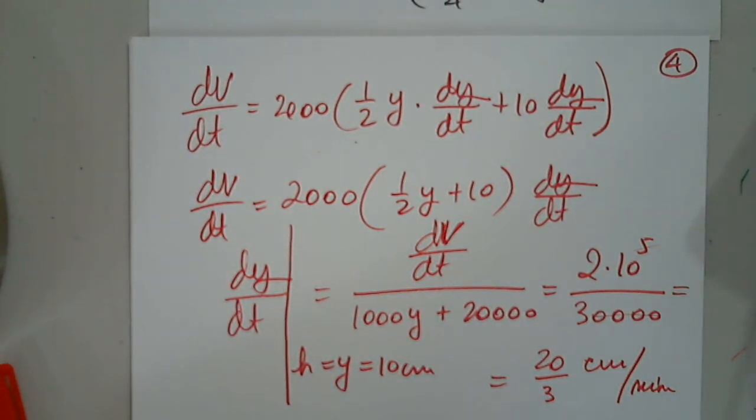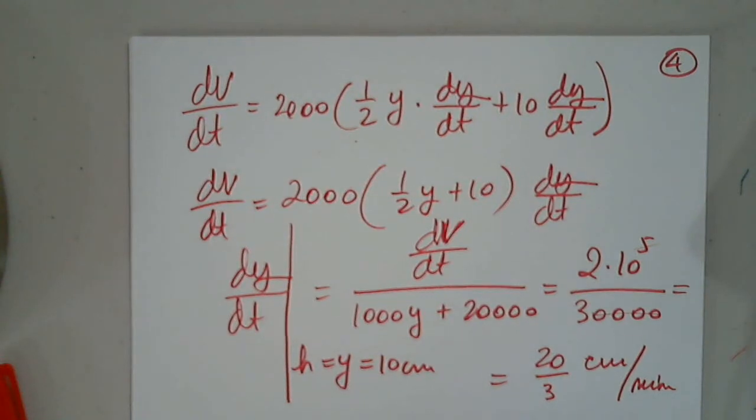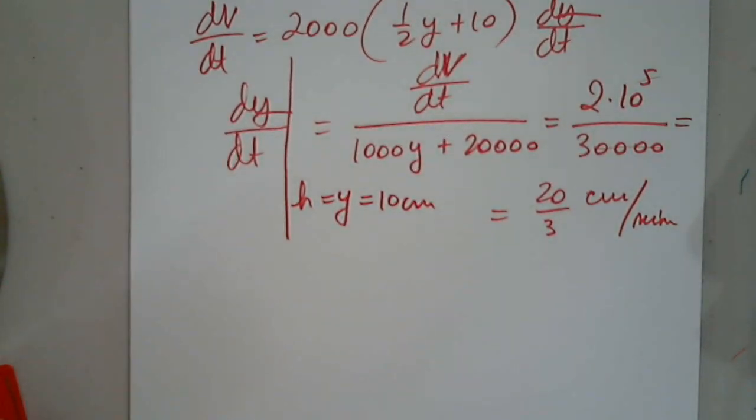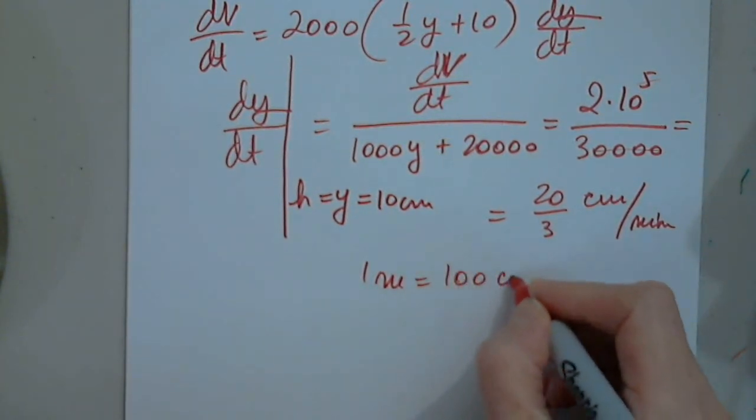Again, I don't know how they want the answer. Oh, they want the answer in meters. I should have looked at what they wanted and just kept it in meters and changed everything, but that's okay. So we can change 20 divided by 3 back into meters. So 1 meter is 100 centimeters.